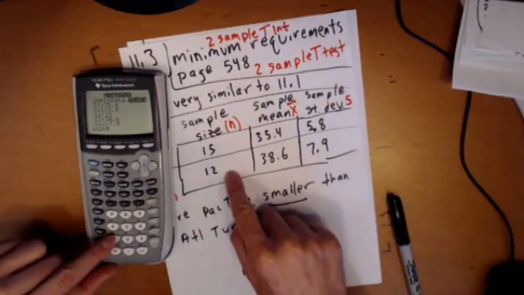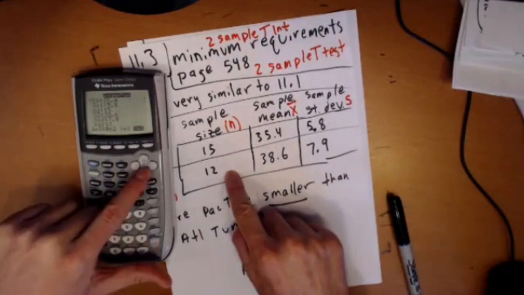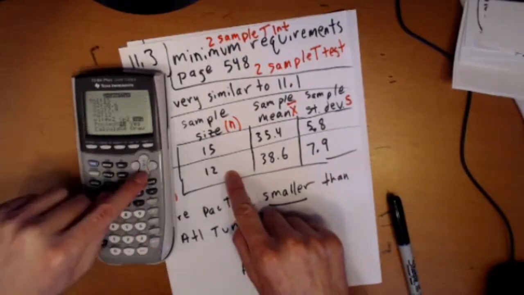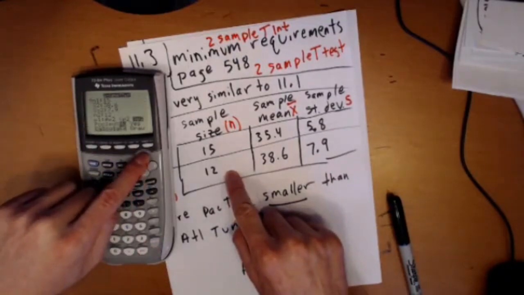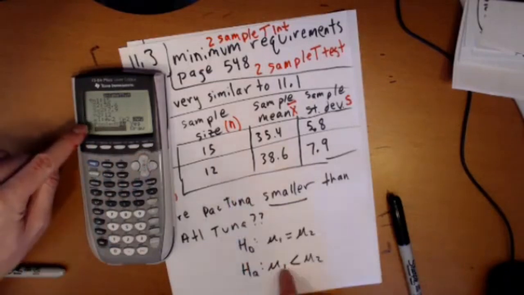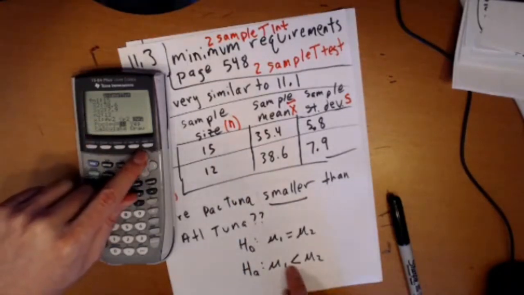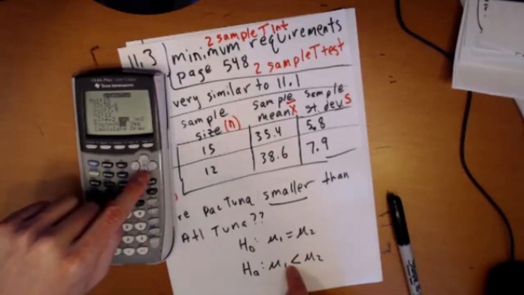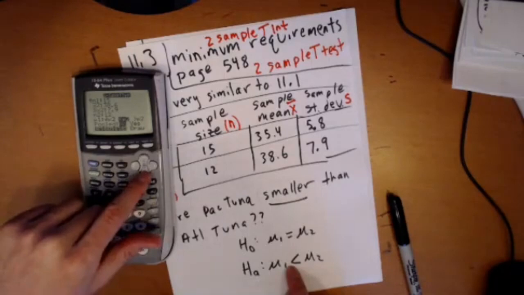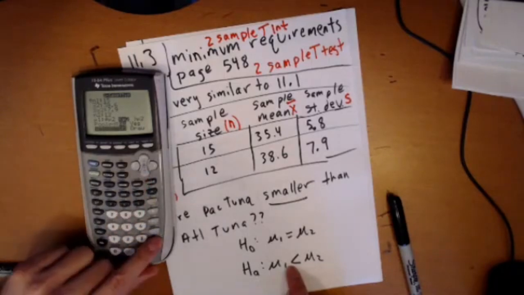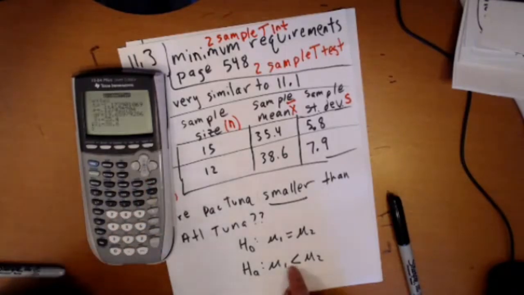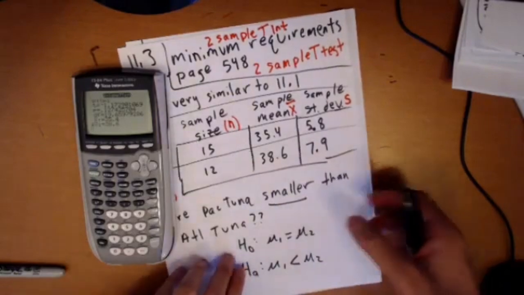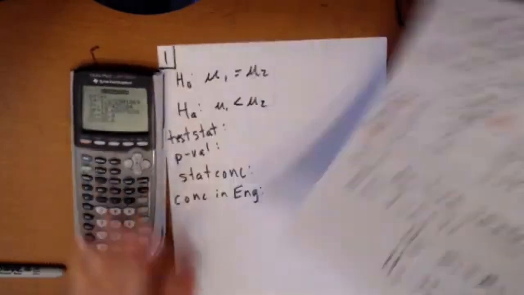Sample size, 12. Enter. Scroll down more. The alternative is a less than symbol, so we choose the less than symbol. Enter. Pooled: always just put no. Don't pool. And then calculate. Hit enter. Ta-da! It gives us all the information we need.